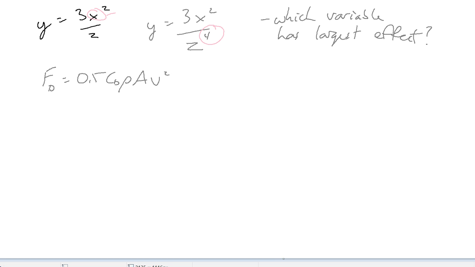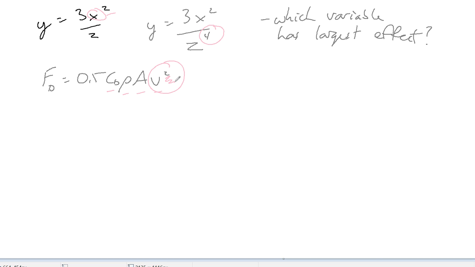Between these four symbols, which of those four has the biggest effect on the drag? Well, it's the V that has the biggest effect because it's got that squared on there. If you make the coefficient of drag twice as big, drag is twice as big. Same with the density, same with the area. Those will all just double.